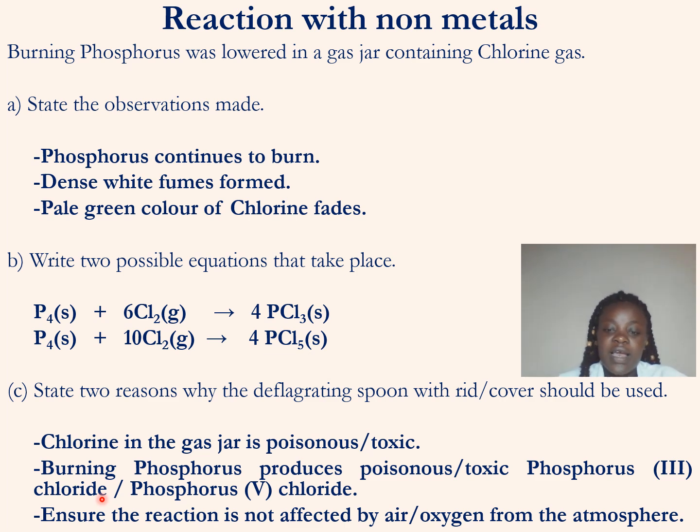So we have to make sure that we do not expose them, and also to ensure that the reaction is not affected by air from the atmosphere. So we don't want to react our phosphorus with oxygen or any other gas in the air, but we want to specifically use chlorine that is in our gas jar.